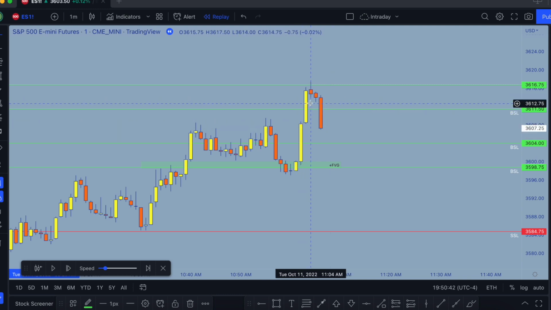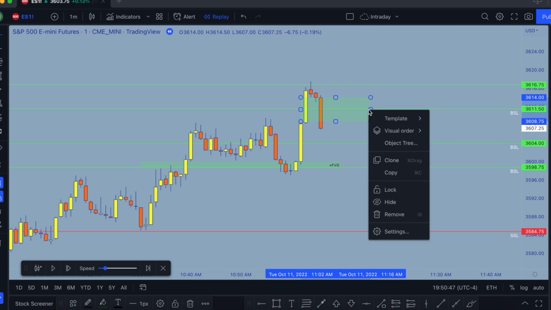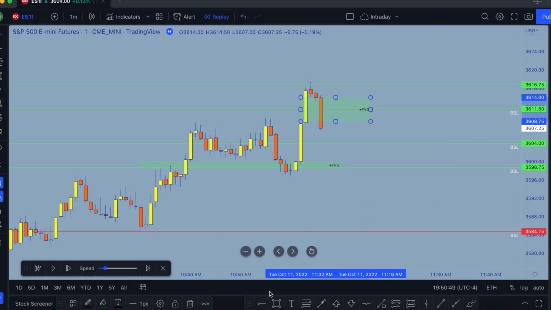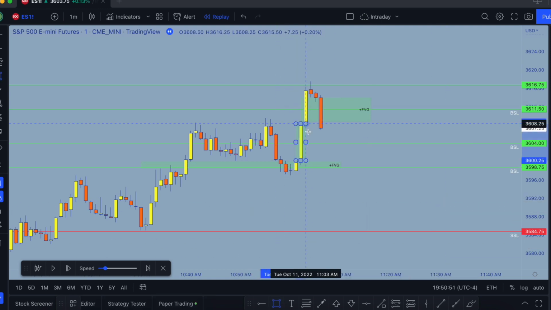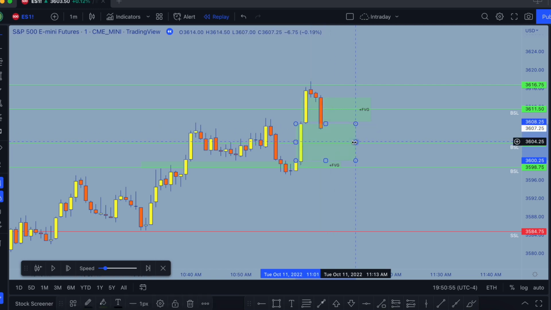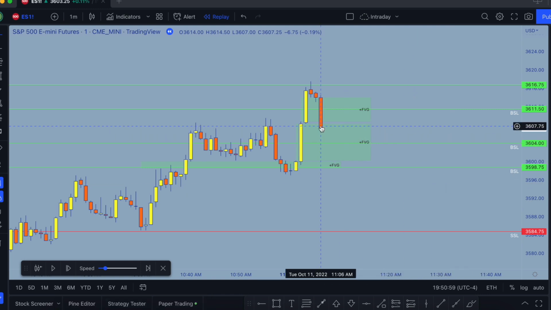So there's a fair value gap here. And there's one here. And now I actually took this trade today on the 1 minute. And I entered around the top of this gap here, with my stop just below it, right here.